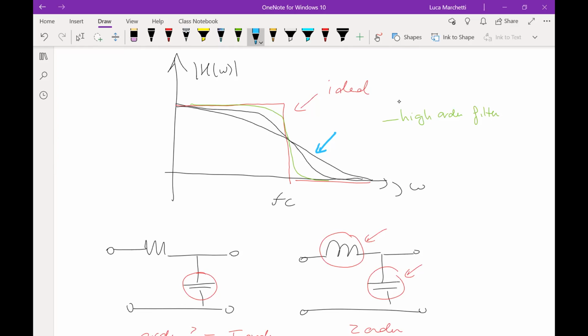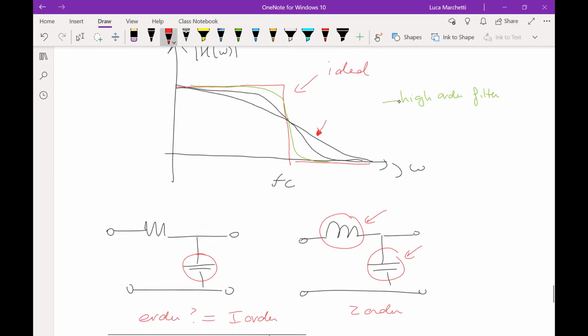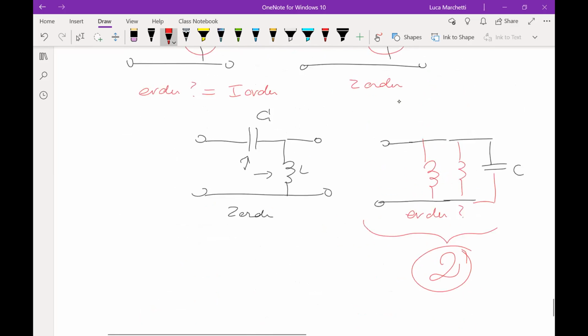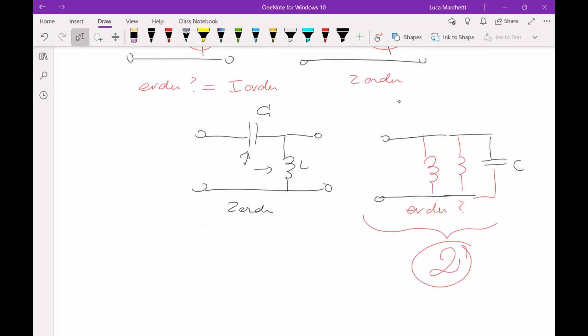So the higher the order, the steeper the slope, the better the filter because it's closer to the ideal. At the same time, there are some specific values of this slope, and you will understand how much this slope value is only when I explain the Laplace, in particular what is called the Bode plot. We will use mainly the Laplace to extract the Bode plot, which is another way to represent the frequency response. So it's very important that you are able to identify the order of a filter.